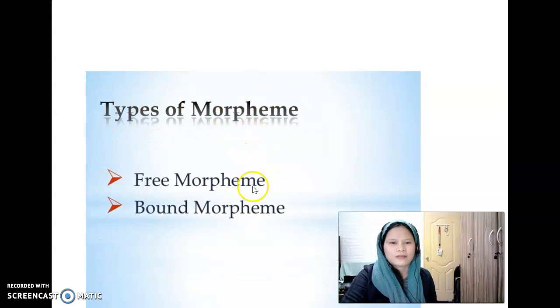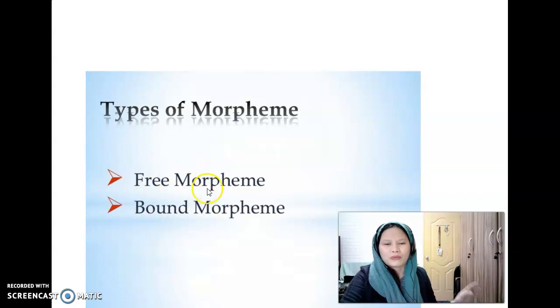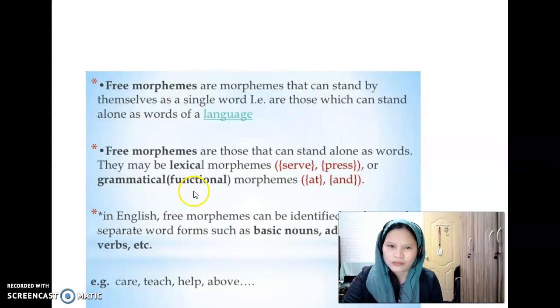So we have two types of morphemes. The first one is the free morpheme and the second is the bound morpheme. When you say free morphemes, these can stand alone by themselves as a single word, as a word of a language. Free morphemes are those that can stand alone as words.